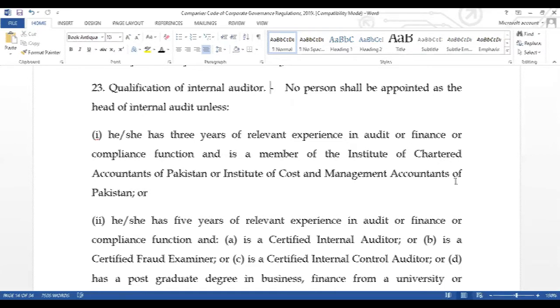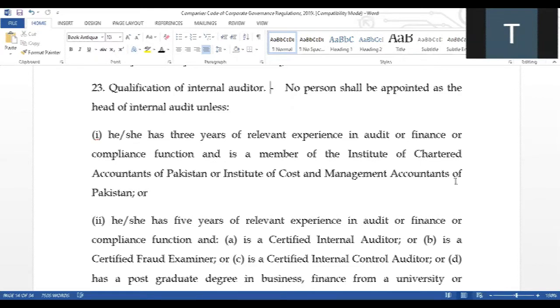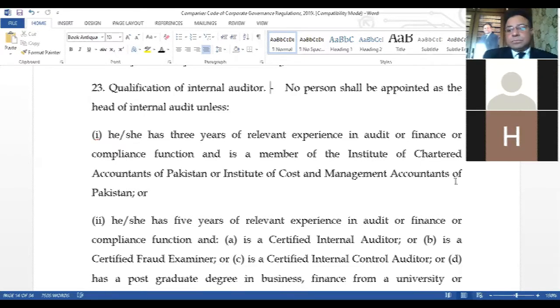Okay. Qualification of internal auditor. No person shall be appointed as the head of internal audit unless first, he or she has 3 years of relevant experience in audit or finance or compliance function and is a member of the Institute of Chartered Accountants of Pakistan or Institute of Cost and Management Accountants of Pakistan.